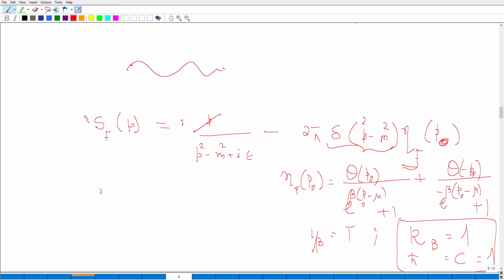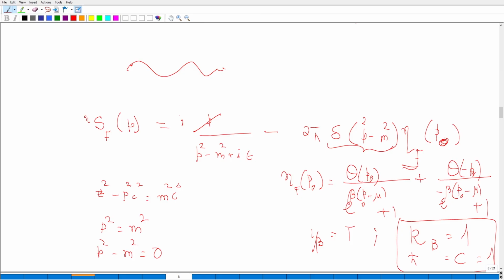The famous energy momentum relation E square minus p square c square equal to m square c to the power 4 turns out to be p square equal to m square, or p square minus m square equal to 0, if we identify E to be the 0th component of the momentum 4 vector and we take c to be equal to 1. That means this energy momentum relation is obeyed by the second piece.